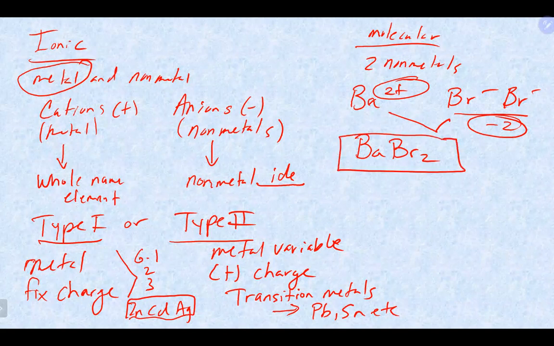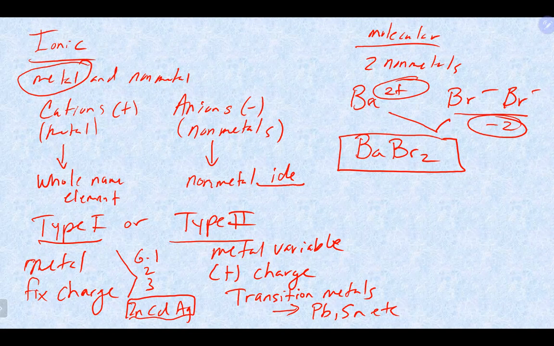The reason for this is, again, the bonding aspect of it. In order for barium to lose both of its electrons and get back to the noble gas configuration, it needs an extra bromine to pick up that extra electron. Now, when we write the formula, there's no charge, but it is made up of two things that do have charges.